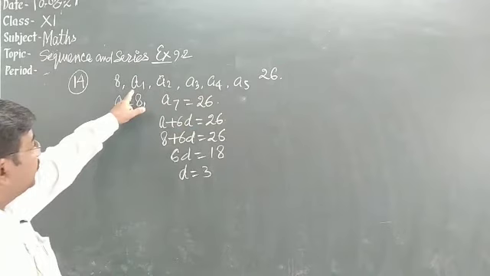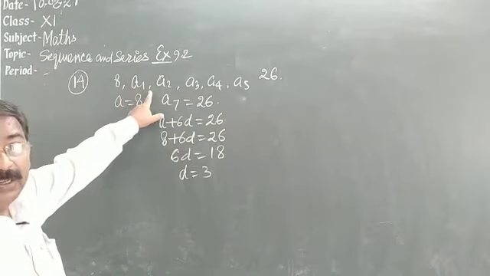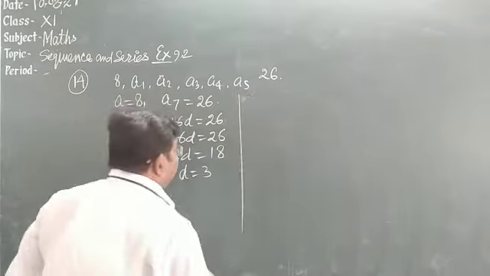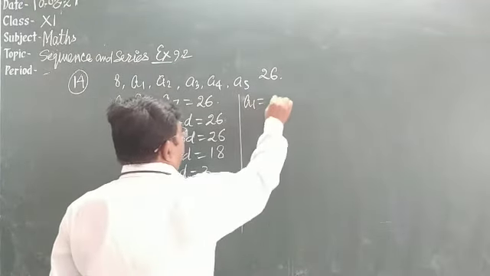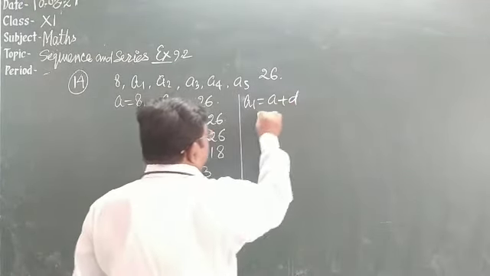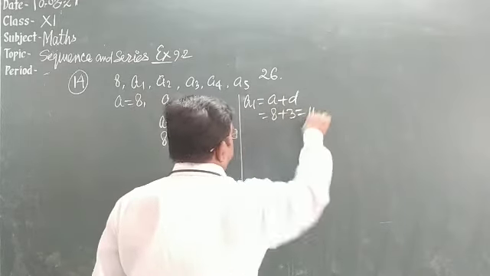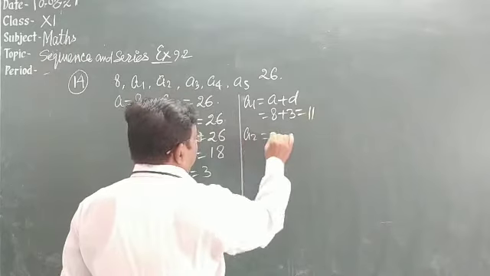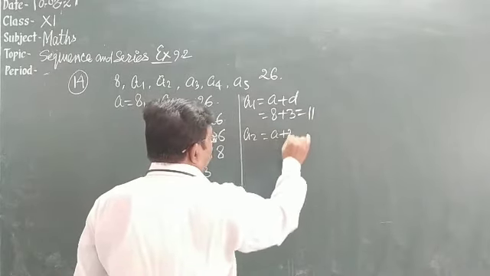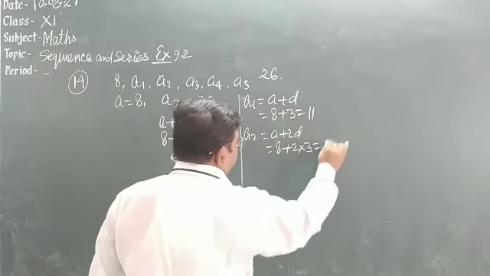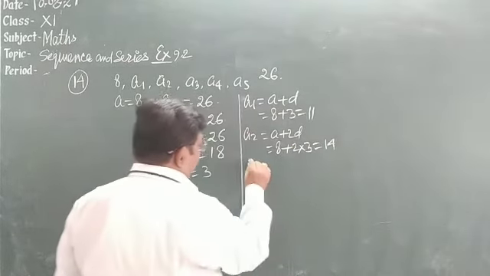So see, this A1 is the second term of the sequence. So what do we have? A1 is a plus d, this is 8 plus 3, which is 11. A2 is a plus 2d, this is 8 plus 2 into 3, which is 14.